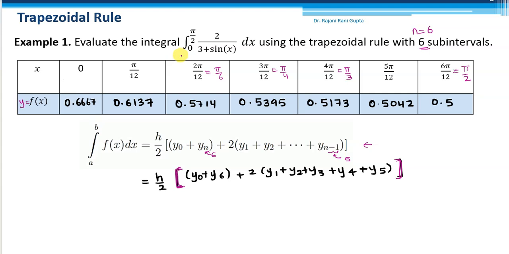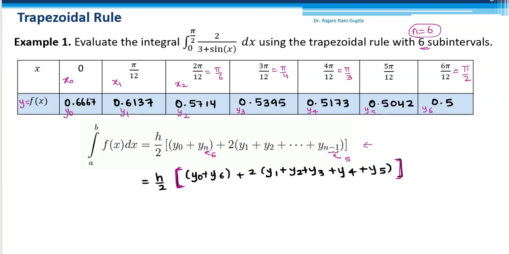So as I said, we are calling these points x0, x1, x2 and so on. Same way we are calling the corresponding y values y0, y1, y2, y3, y4, y5 and y6. Remember, always start with 0 and as you need 6 subintervals, you should end at y6.